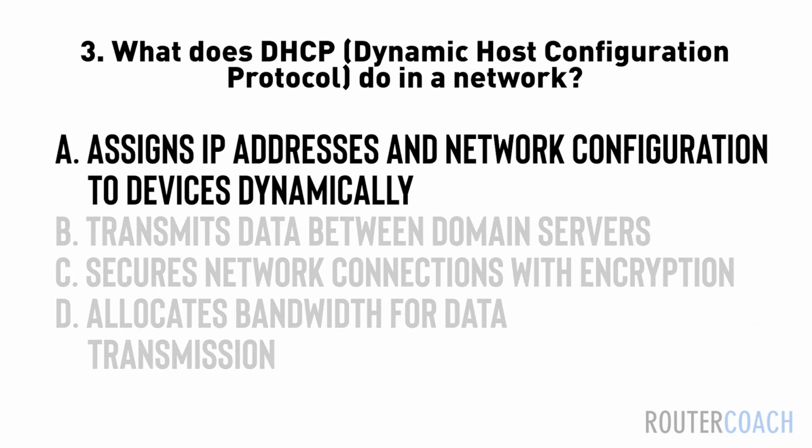The answer is A. DHCP is a network protocol that dynamically provides IP addresses and other network configuration information, such as subnet mask, default gateway, and DNS server addresses to devices on a network, facilitating automatic and efficient network setup.